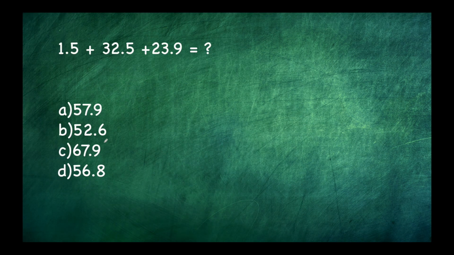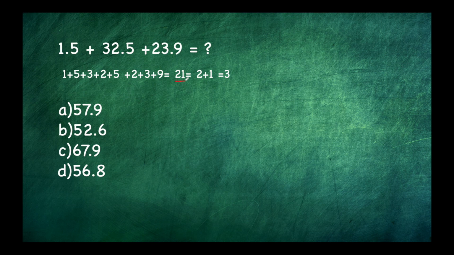Now let's see the next problem. 1.5 plus 32.5 plus 23.9 is equal to what? We can apply digital sum for decimal numbers also. Now add all the digits. So 1.5 we can write as 1 plus 5, plus 32.5, 3 plus 2 plus 5, plus 23.9, 2 plus 3 plus 9.